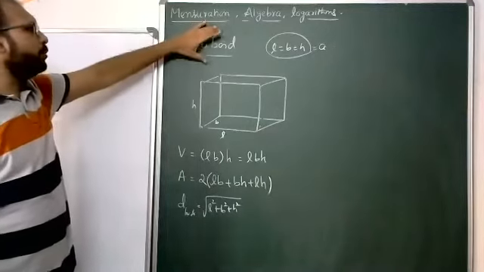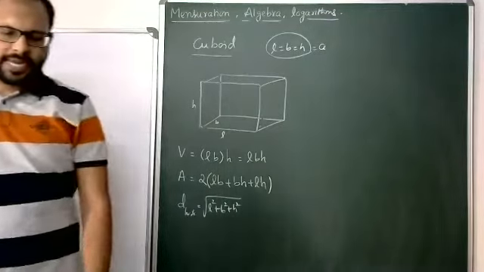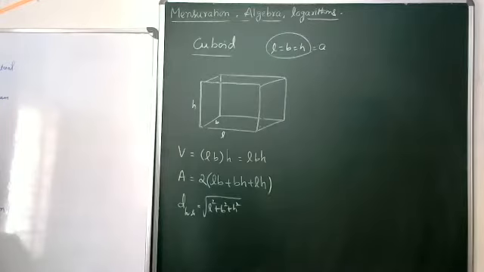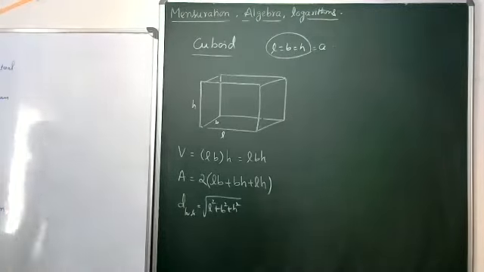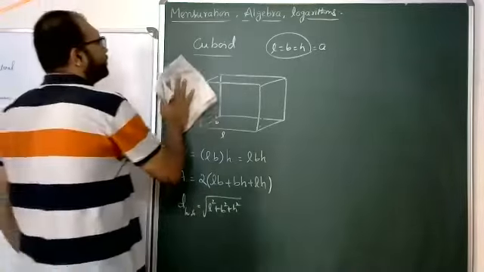So this is the cuboid and cube, the main two important cubical bodies completed. Now students, come to one more important cubical body, that is the prism.